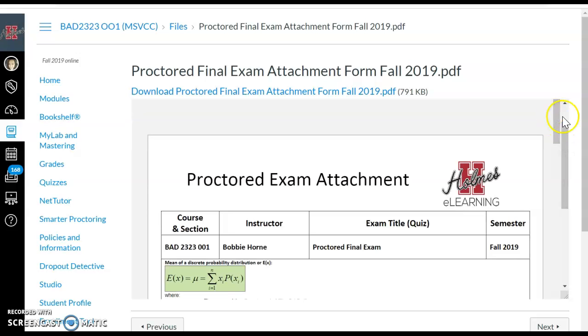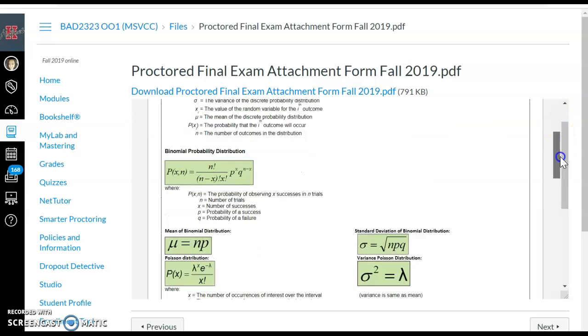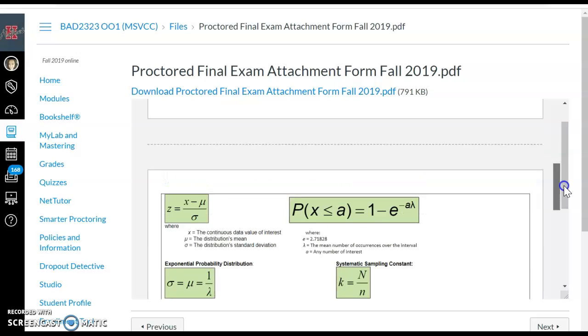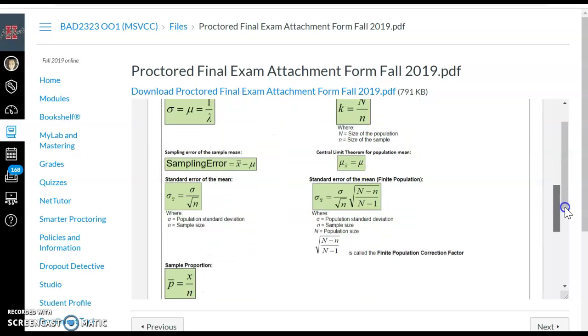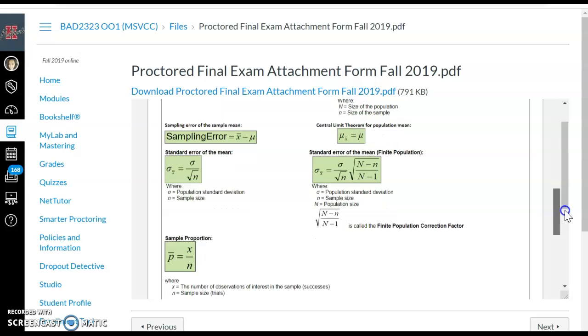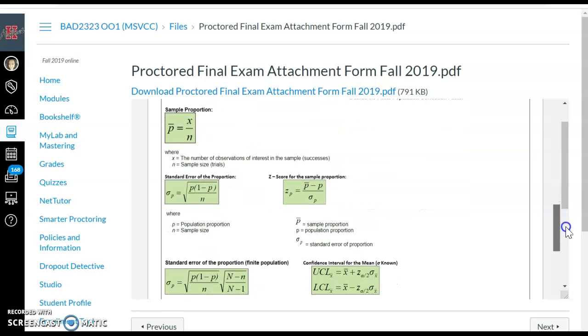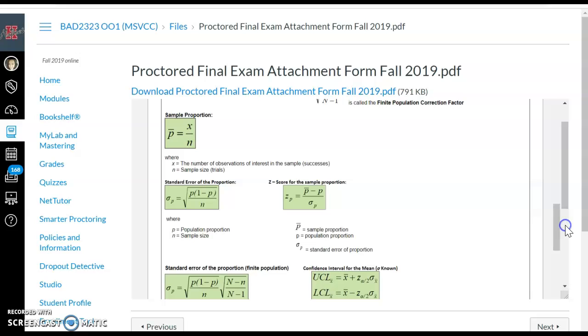So what we're looking at is probability, and the first thing that we have to do is calculate the standard error of the proportion. And then we're going to use the z-score formula, and we'll also use the sample proportion. We'll have to calculate that.